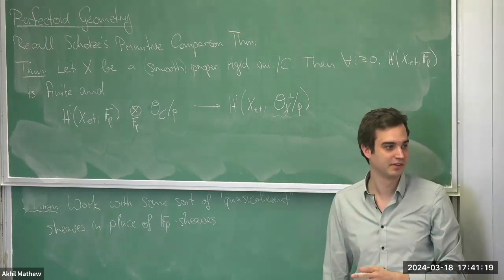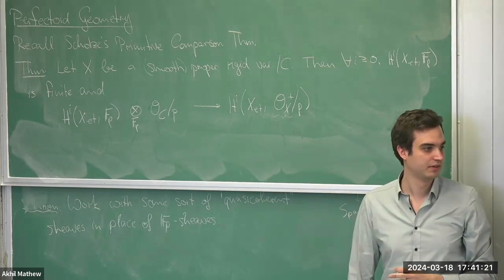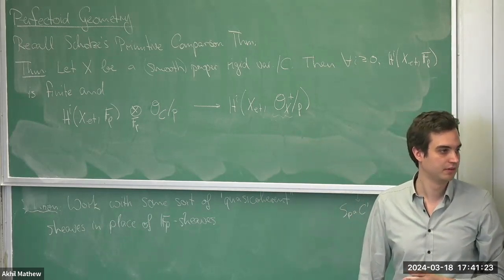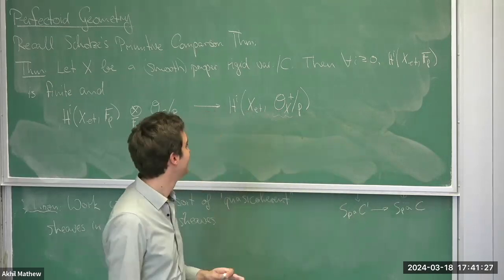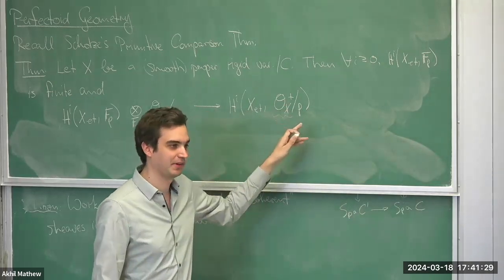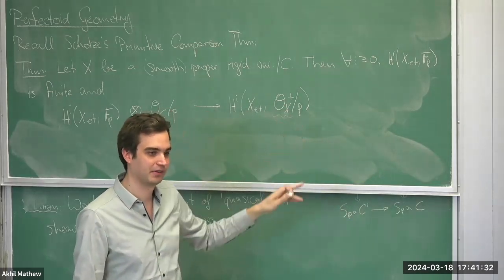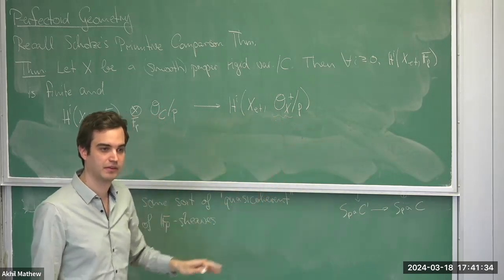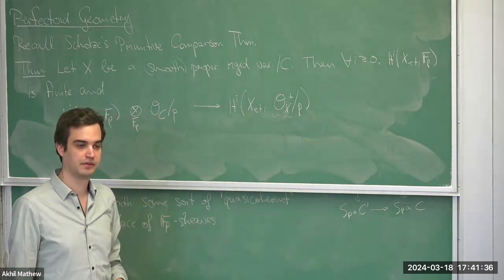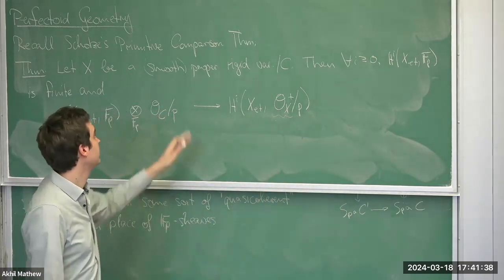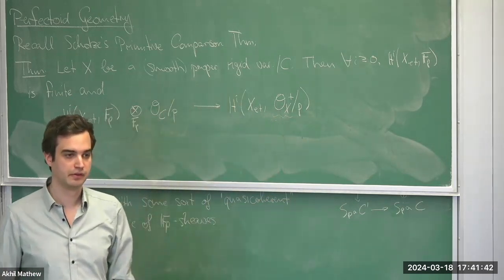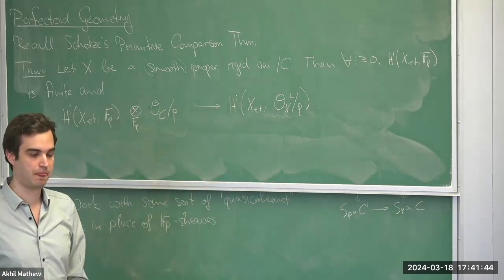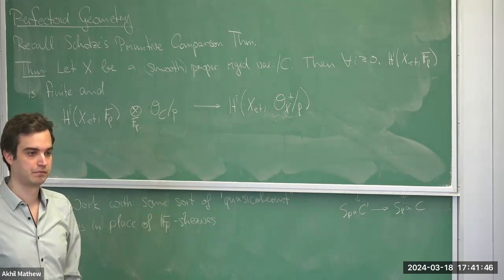But for this statement, wouldn't any of the theories work the same? Yes, but I do need adic spaces like that. As long as X is proper smooth, it doesn't matter which way. But now Scholze compares it with something else.